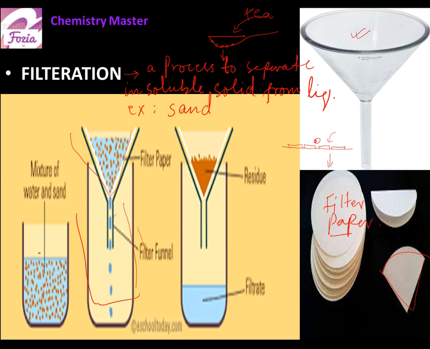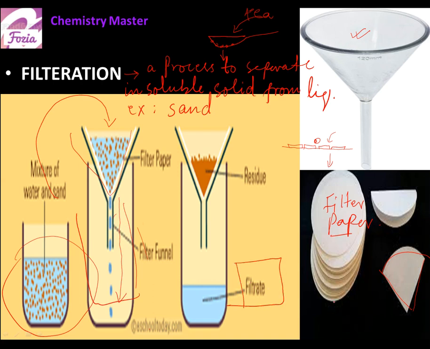Here we have a mixture of sand and water. We'll be pouring this mixture onto this filter paper. The liquid which passes through this filter paper is called the filtrate.